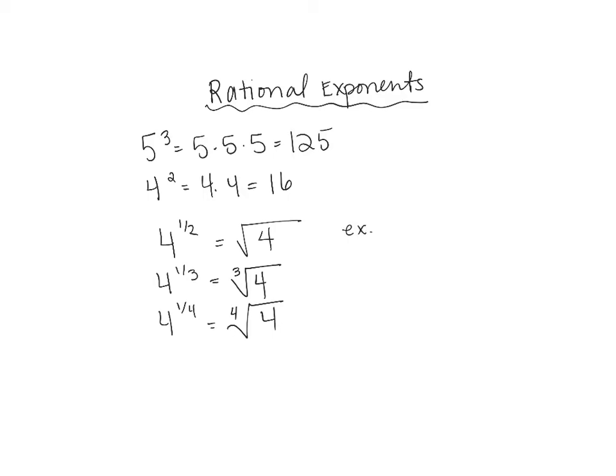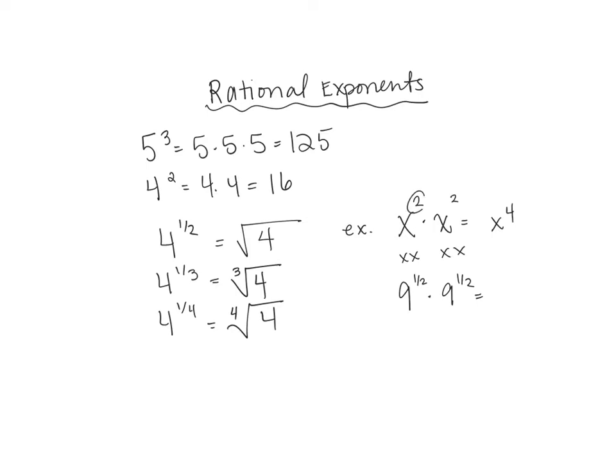If you have something like x squared times x squared, we've already done this: xx and then another xx, and so we get x to the 4th power. So what about if we do it with numbers this time, like 9 to the 1/2 times 9 to the 1/2?